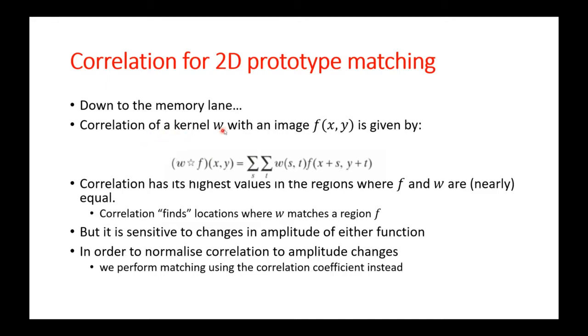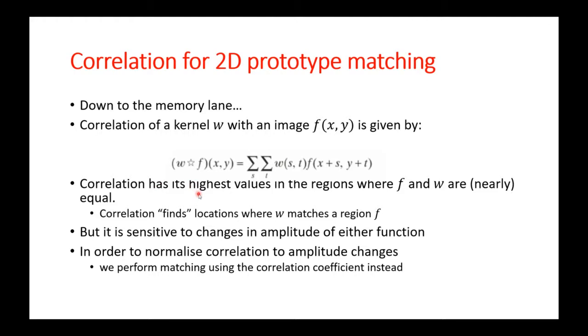Remember that a correlation of a kernel w with an image f(x,y) is given by this formula. Basically, it's the sum of multiplications of the kernel with respect to portions of the image, and you walk around the whole image applying this kernel.